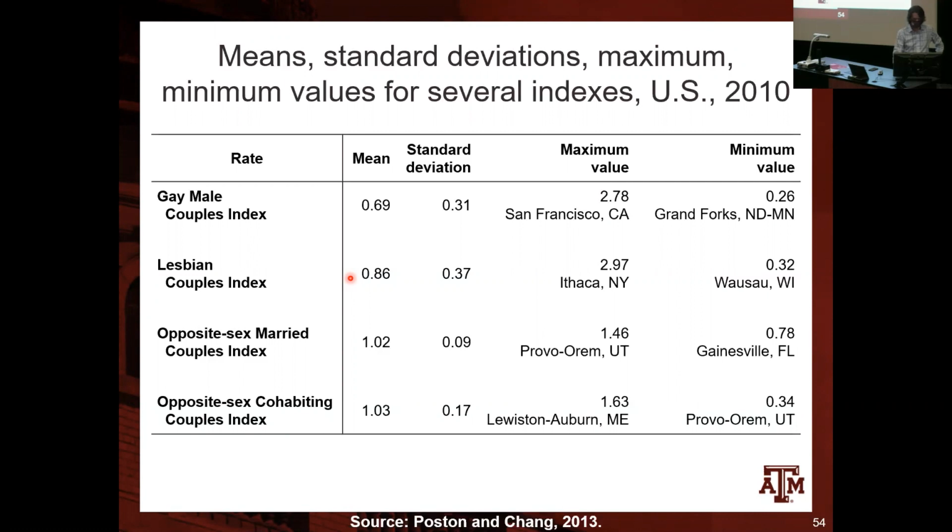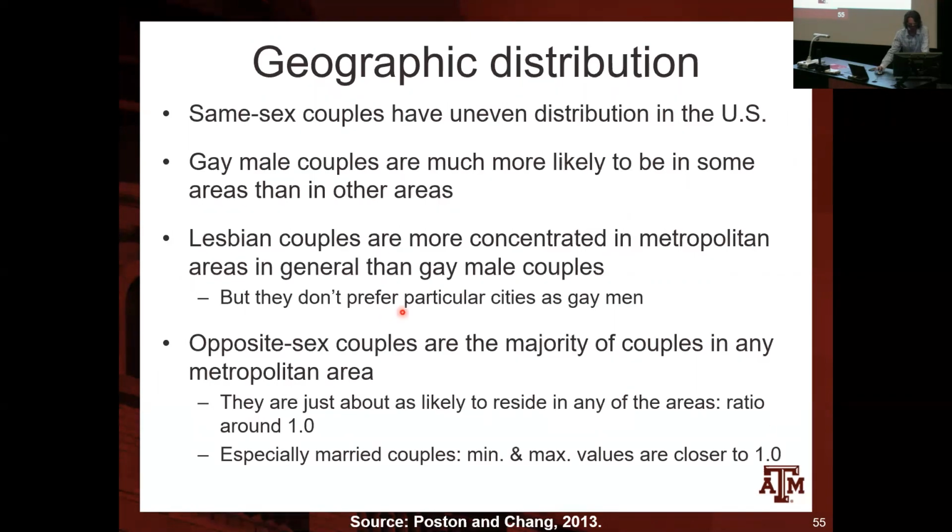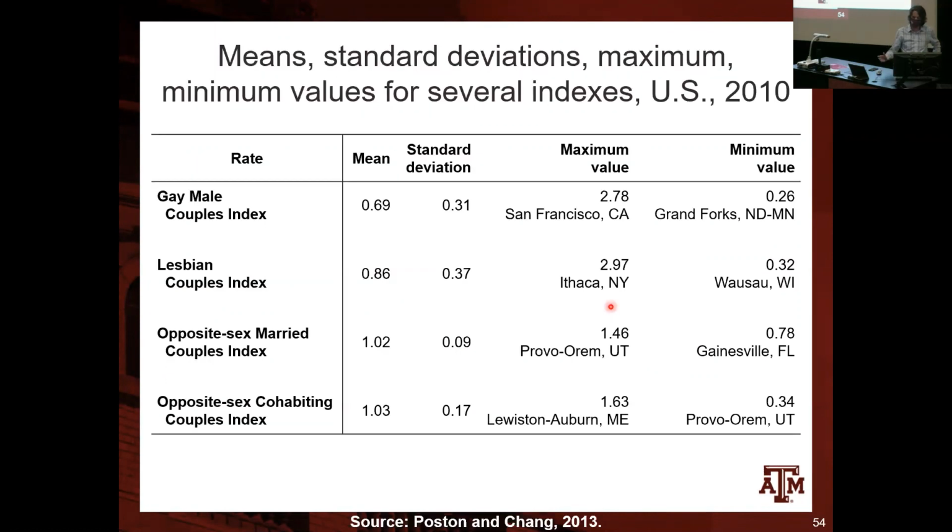No, I mean, they explain this result in the textbook, but these numbers don't show this. Because this number here is actually showing that the gay couples are more concentrated, not the lesbian couples, if you look at this overall mean. This analysis here might be based on other statistics that they have. But they say that lesbian couples don't prefer particular cities as gay men do.